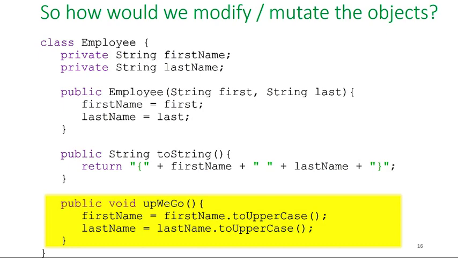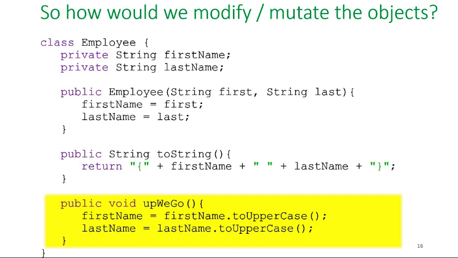So what if we want to modify things? Well, let's move away from string, because strings are immutable. So let's go back to Employee. We have a first name, a last name, a constructor. We have a toString method. None of that should be new. Then we have the block highlighted in yellow, which is called upWeGo. It's an instance method.